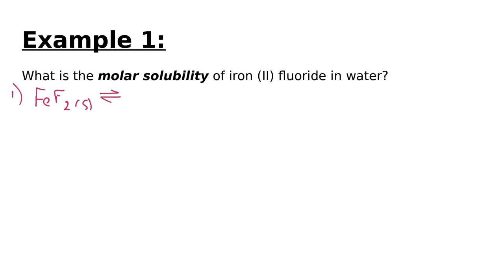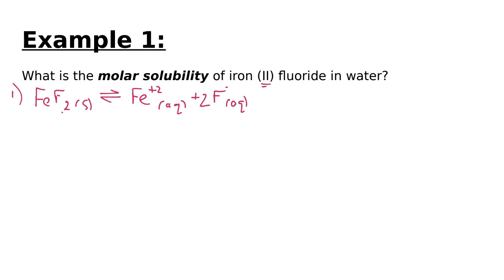We assume that it's going to set up an equilibrium. We know the charge on iron is +2. It's telling us right here. And that some of that is going to dissolve. And then we know that we have fluoride ion coming off. We remember that the fact that there's 2 of those fluoride ions means we have to balance that stoichiometrically.